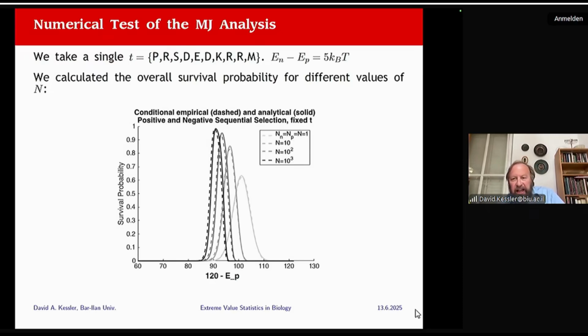We calculated the overall survival probability for different values of N, because obviously everything depends on how many different peptides there are. And I remind you N is the number of peptides both in the positive selection group and in the negative selection group. Here the dashed lines are the exact results and the solid lines are the theory, and it works fairly well.